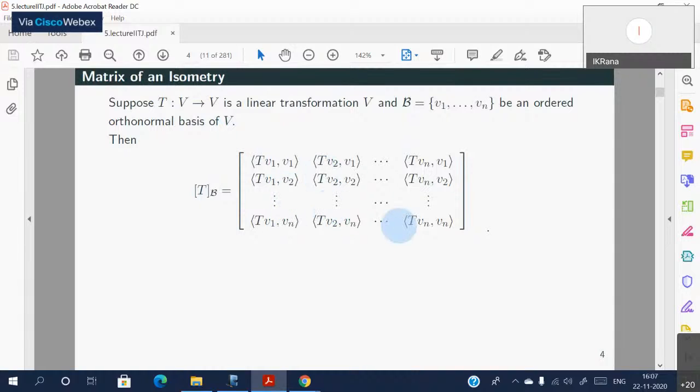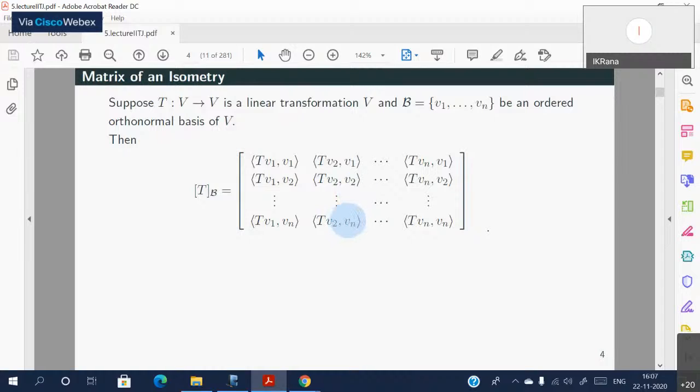That is obvious because the coordinates of a vector are immediately known if you have an orthonormal basis: the dot product gives you the coordinates. So with that knowledge, it is obvious that this is the matrix representation. That is additional information: in case we have an ordered orthonormal basis, we can write down the matrix representation immediately in terms of the dot products.